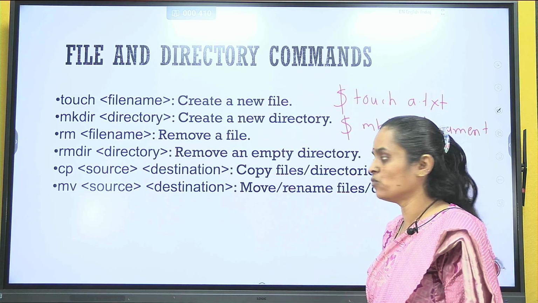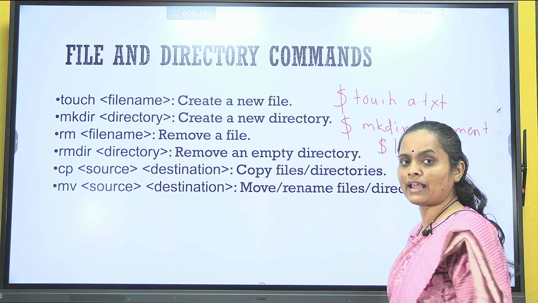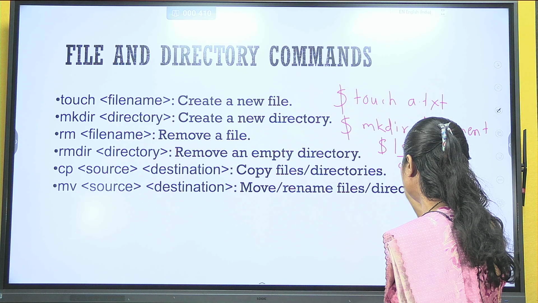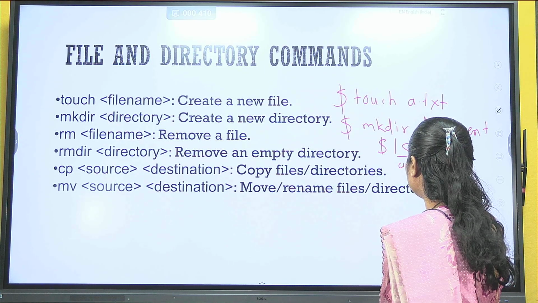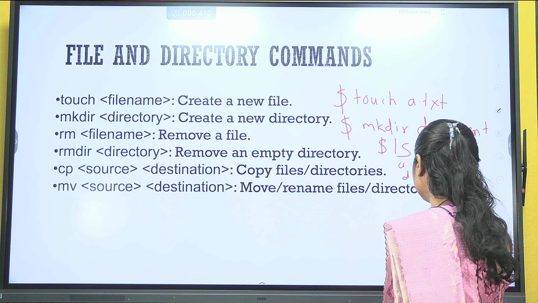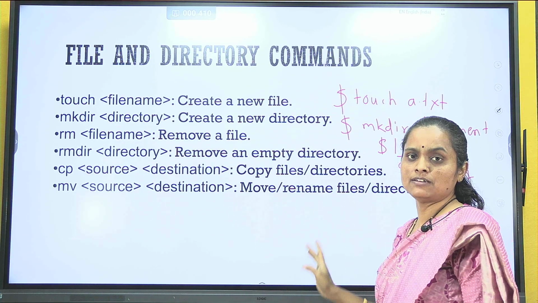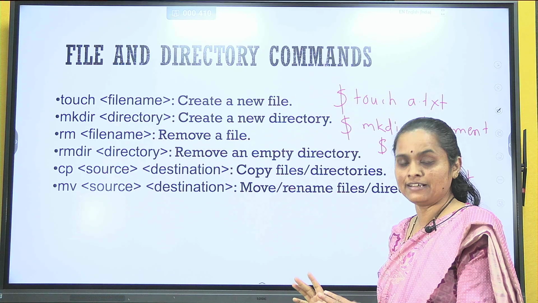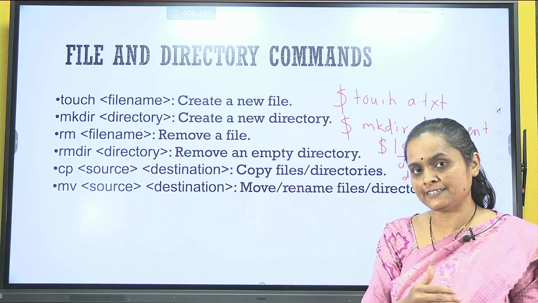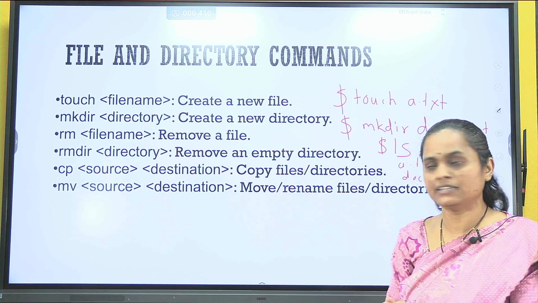If I now use $ ls, then these two, a.txt and document, will be listed, because I have created them previously. So ls will list everything in the present working directory.